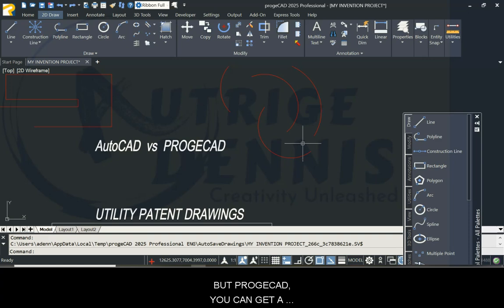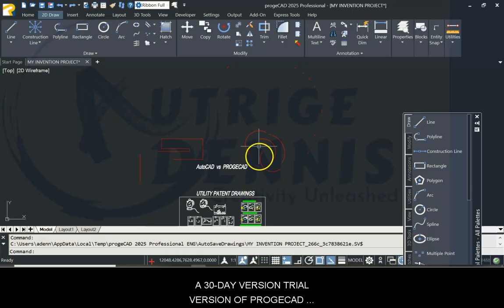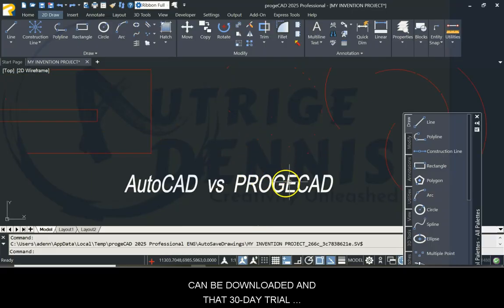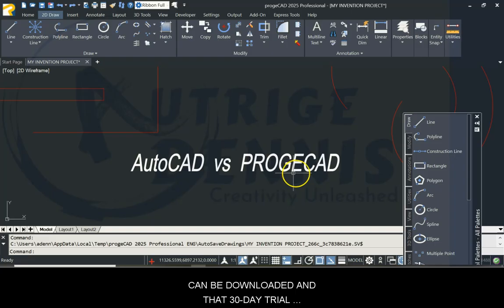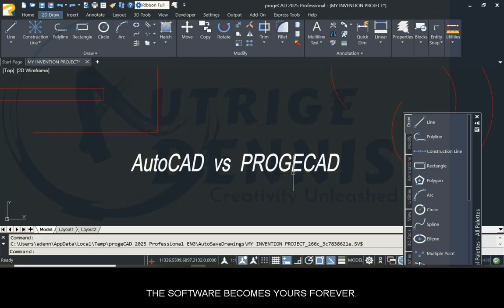But with ProgeCAD, you can get a perpetual license, something that is increasingly uncommon among major software providers. A 30-day trial version of ProgeCAD can be downloaded, and that trial can easily be converted into a perpetual license. Once you purchase it, the software becomes yours forever.